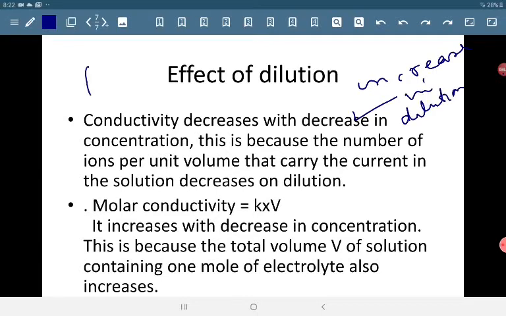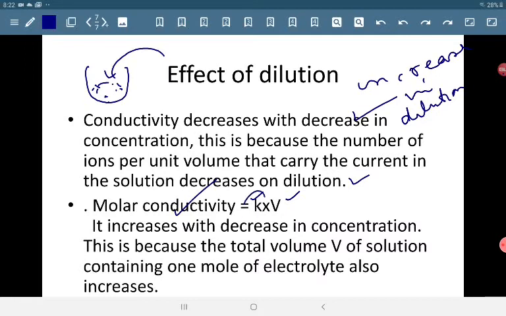Suppose you have a solution of an electrolyte, and ions are moving, and you put water in, it becomes more dilute. Dilution increases and concentration decreases. The number of ions per unit volume decreases, so conductivity also decreases. Molar conductivity is equal to conductivity into volume. This increases on increasing dilution.